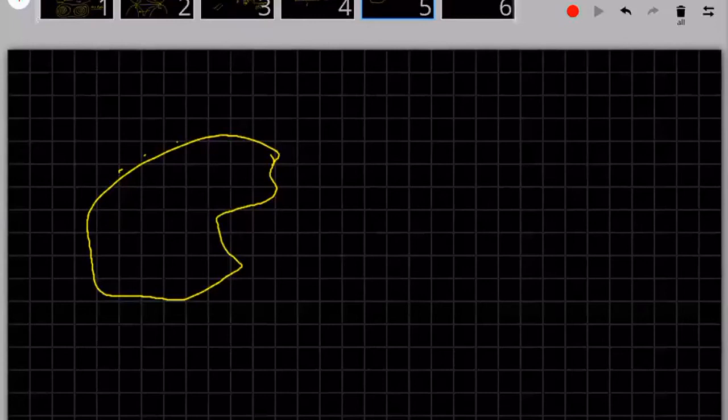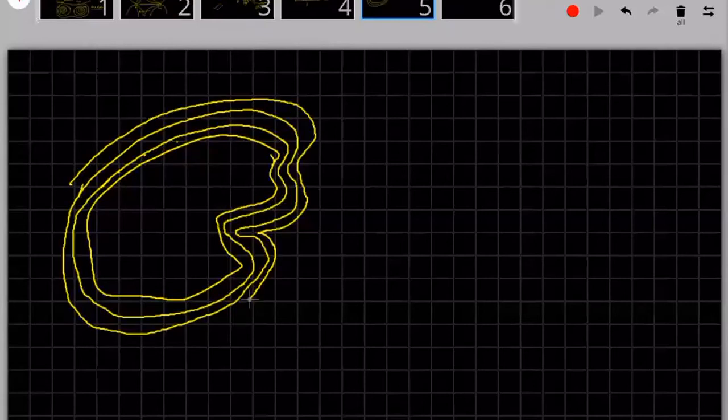All you had to do was draw surfaces which are parallel to that. So this is how the equipotential surface would look.